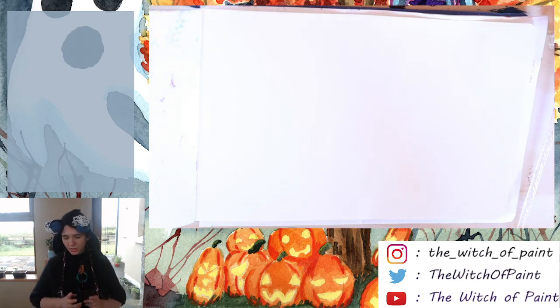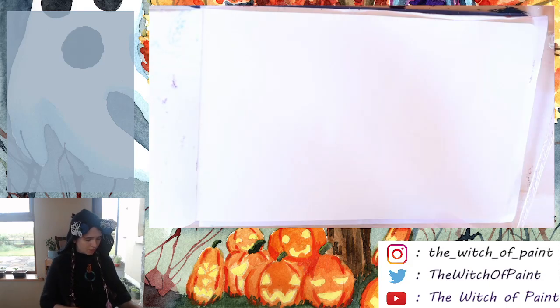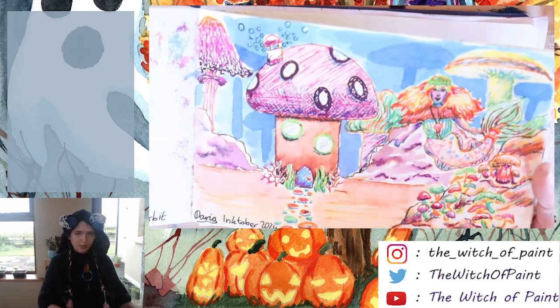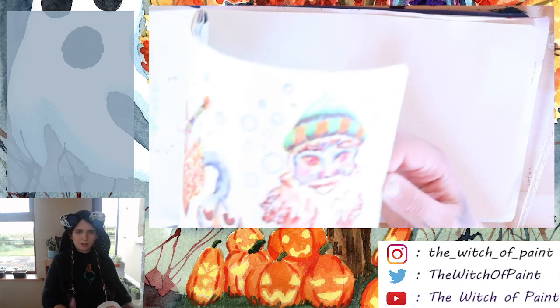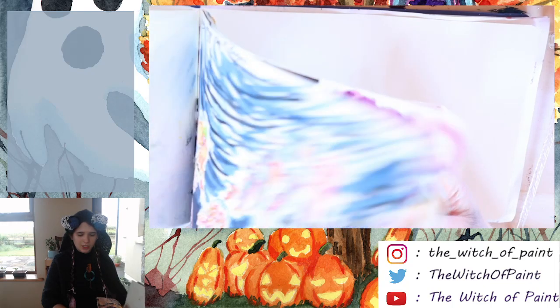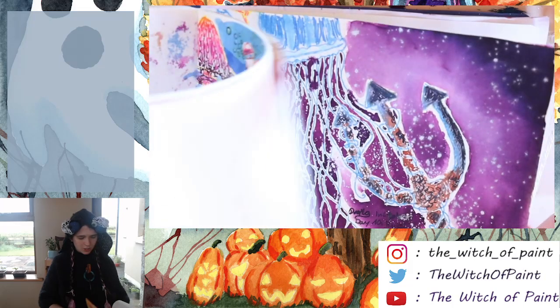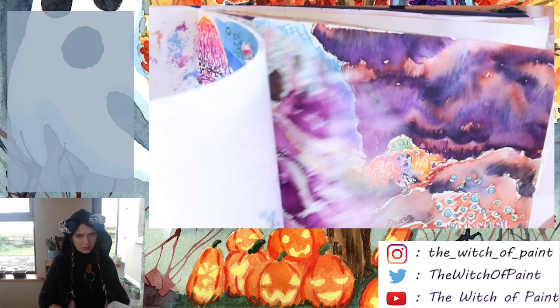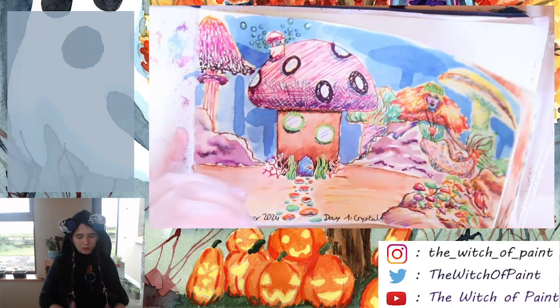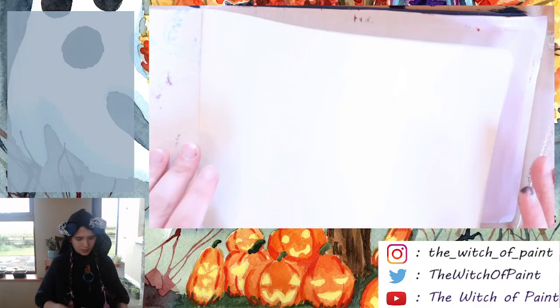What I've also thought about was this Inktober. We've not had a single double page yet. All of these are single paged. I kind of want to do a double paged one.